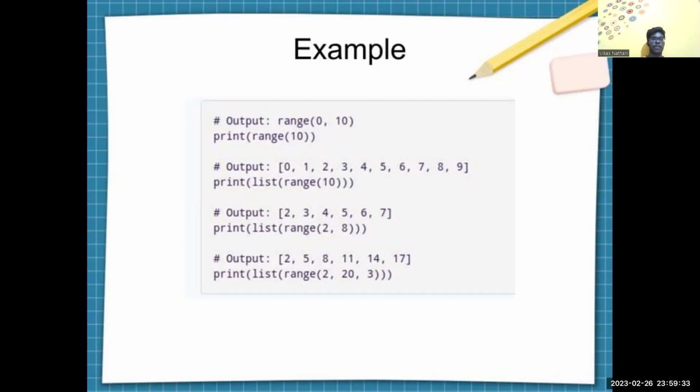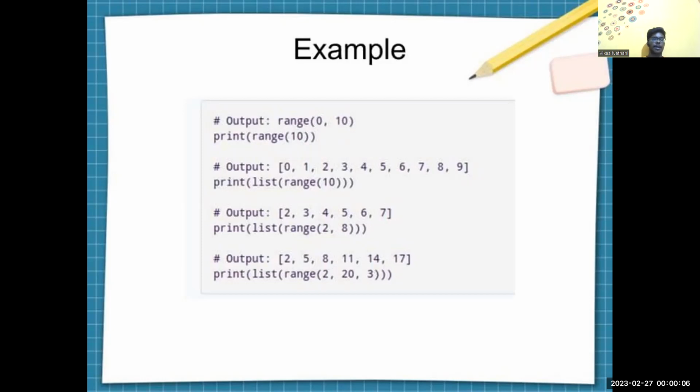In the next line, we are printing list of range of 10. So the output will be 0, 1, 2, 3, 4, 5, 6, 7, 8, 9. The 10 will not be there because the stop value is not counted. All the output is given in the list.